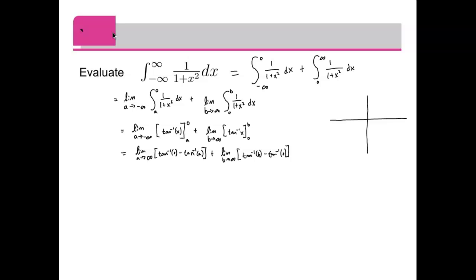So we always have to restrict the domain of our trig functions. For tangent, we restrict it to be between negative pi over 2 and positive pi over 2. And then tangent just looks like this, right?